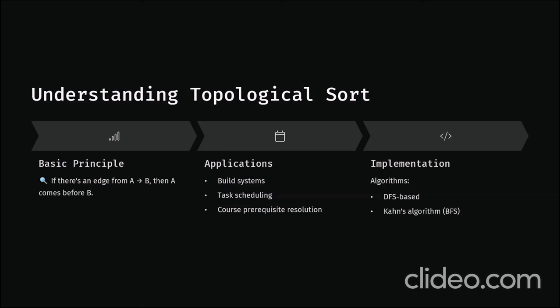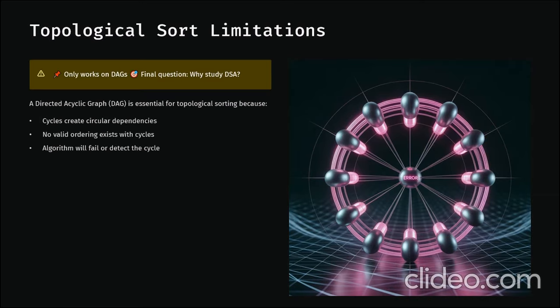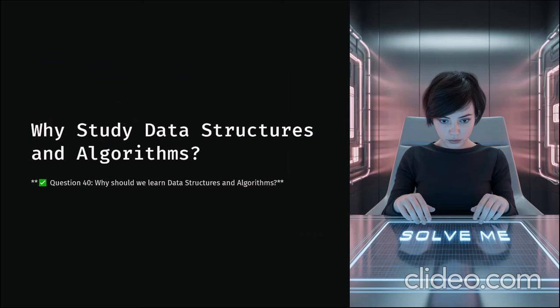Implementation algorithms are DFS based and Kahn's algorithm. A directed acyclic graph is essential for topological sorting because cycles create circular dependencies. No valid ordering exists with a cycle. The algorithm will fail or detect the cycle.